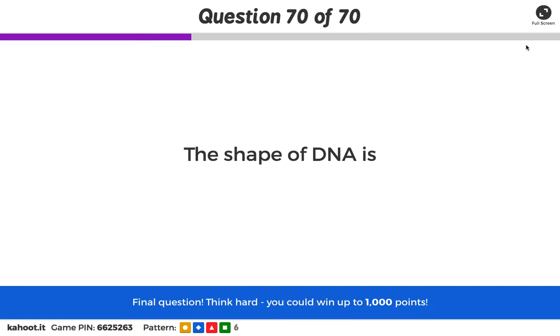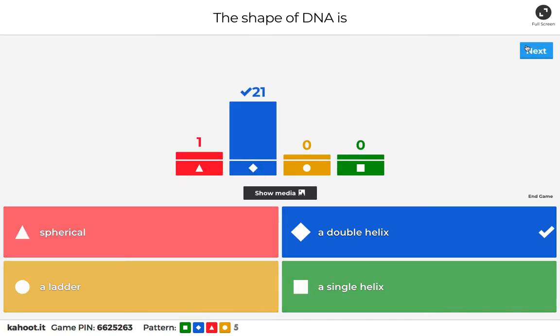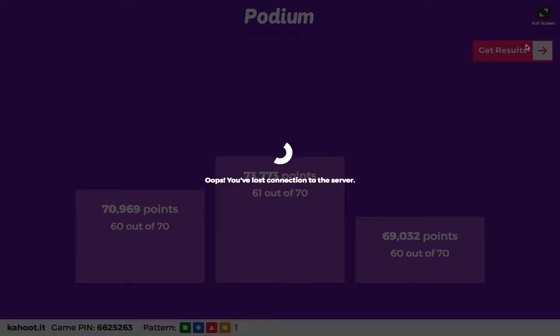The shape of DNA. That's technically right. A double helix. Good.